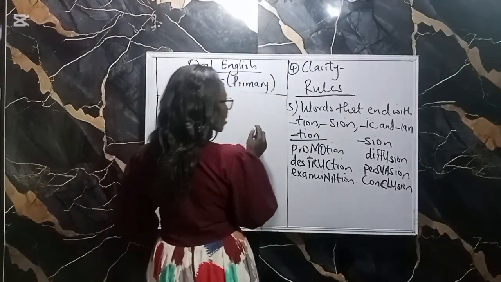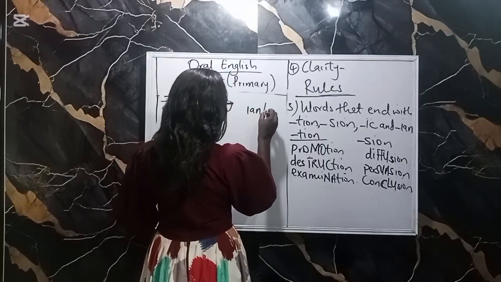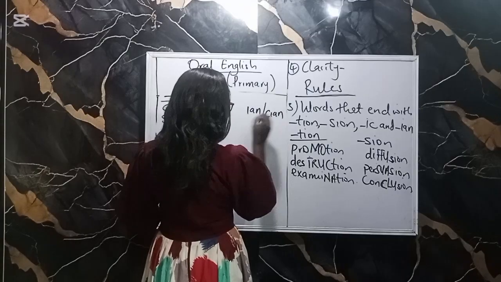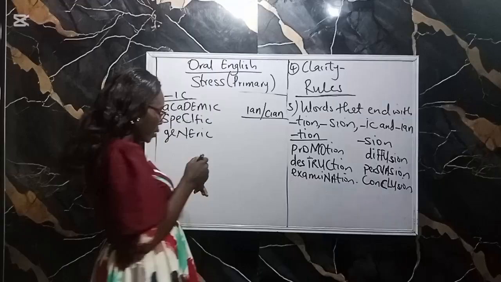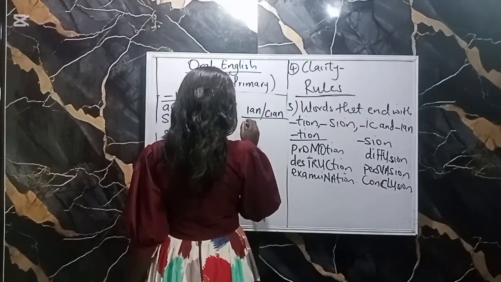Now let's go to the last one, which is ian or cian. Remember, the same thing, we stress the syllable before them. We have here magician.